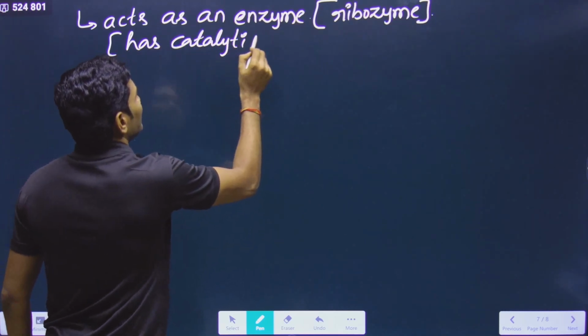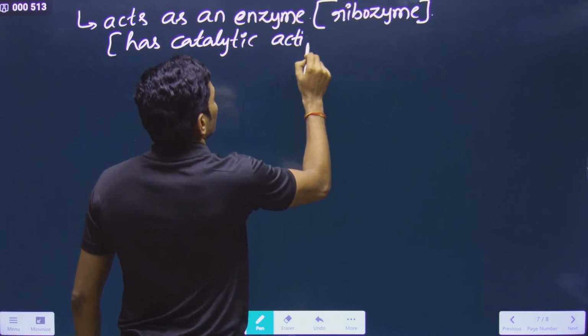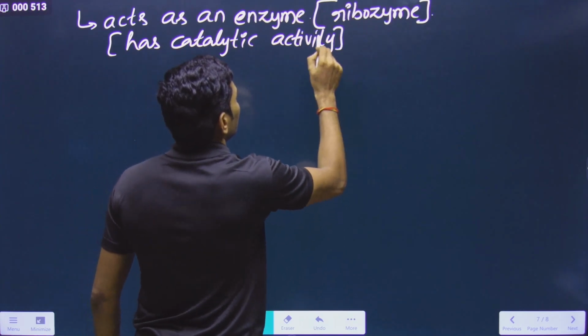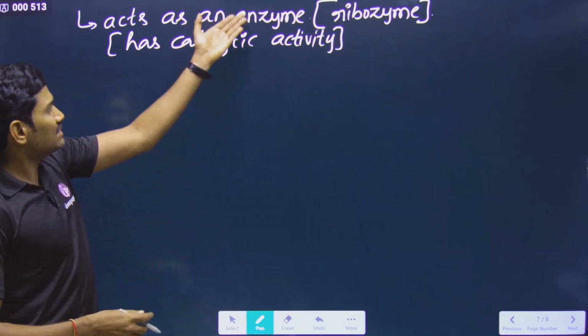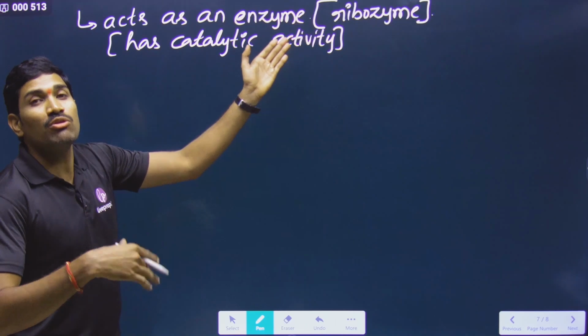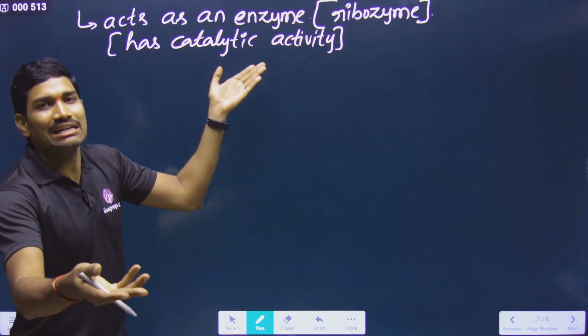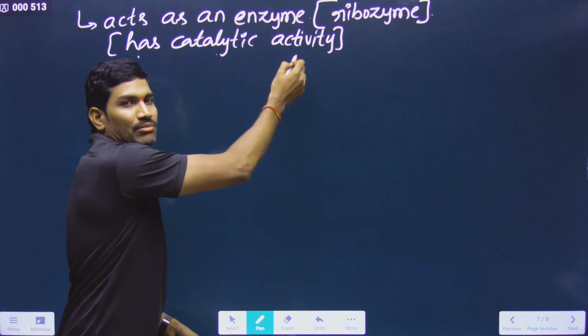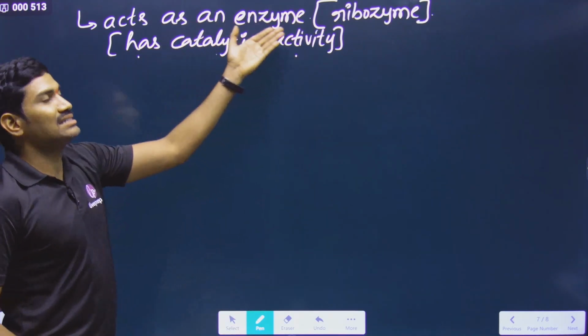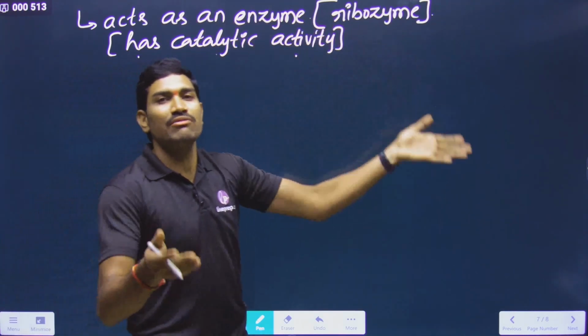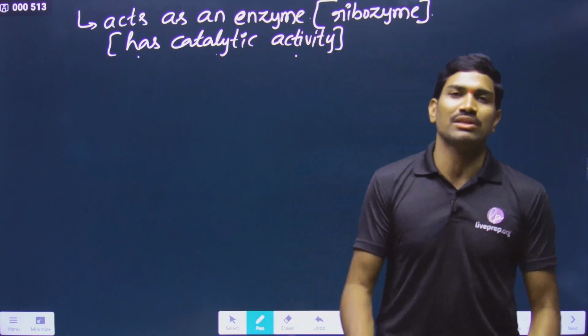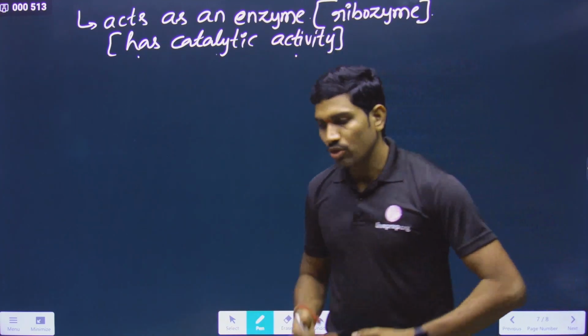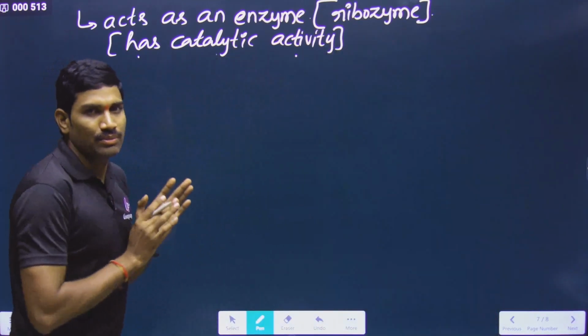What is the meaning of catalytic activity? That catalytic activity is nothing but enzyme activity only. Enzymes are nothing but biocatalysts, right? So catalytic activity means enzymatic activity. So RNA has catalytic activity means RNA is acting as an enzyme. That means we are talking about ribozyme. Yes or no?